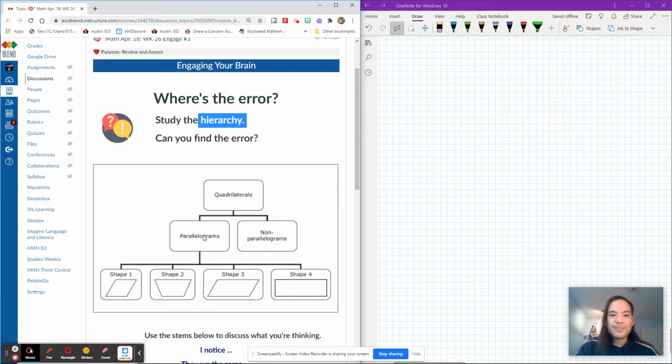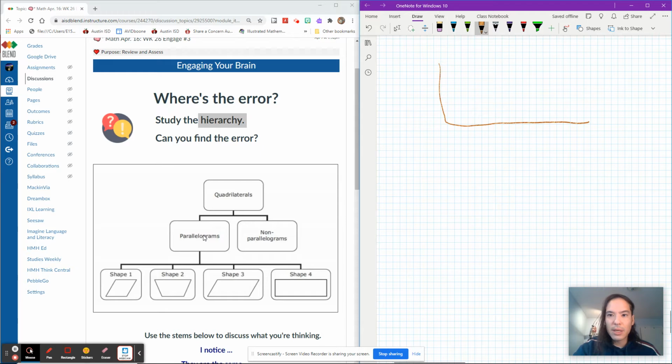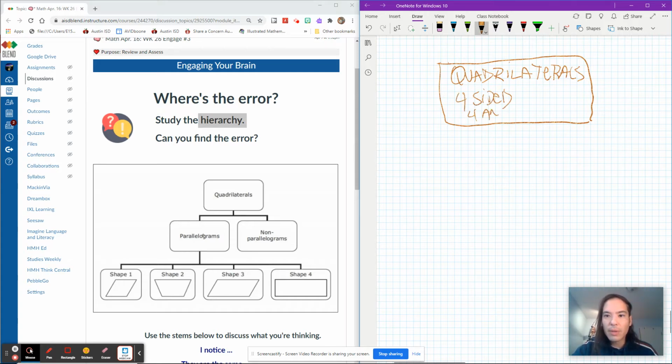So let's remember, basically, if we're going to create this hierarchy with the actual traits or attributes of these items, first we'd start off with quadrilaterals. What that means is a four-sided, four-angle polygon.